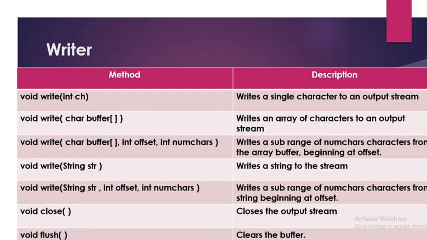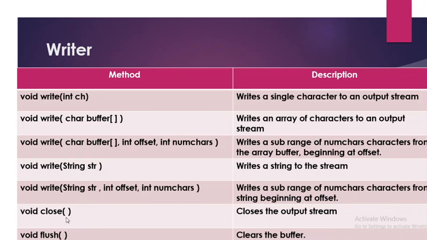So from location 2 I want to start writing, and a total of 5 characters I want to write. So that can be specified. Here I will put my string str, here I will specify 2, and here I will specify 5. That means out of the string, it will take the substring which starts from index location 2, and after that it will count 5 characters. So this is used to write a subrange of numChars characters from a string beginning at offset.